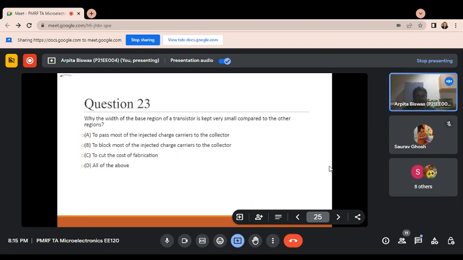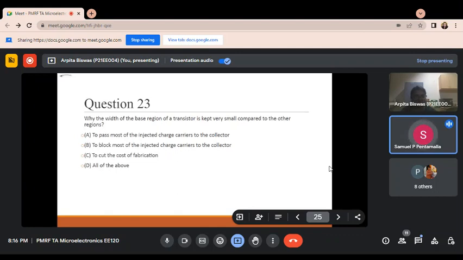Kavya, what is the right answer? The base region is lightly doped, madam, and the emitter current will pass to the base, and when the width of the base reduces, current goes from emitter to collector.